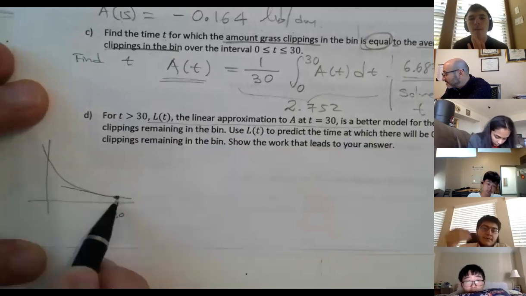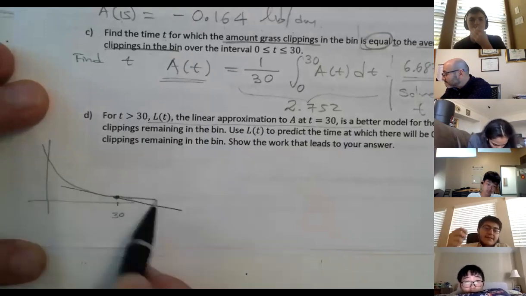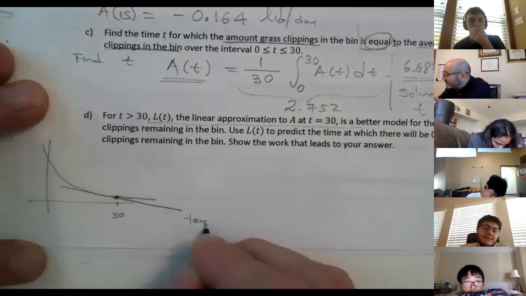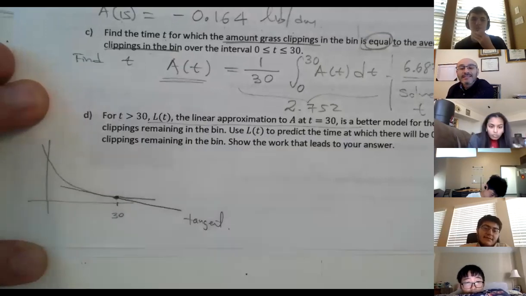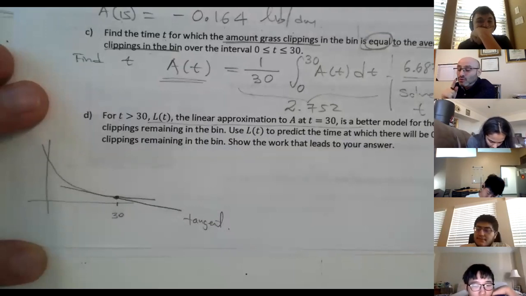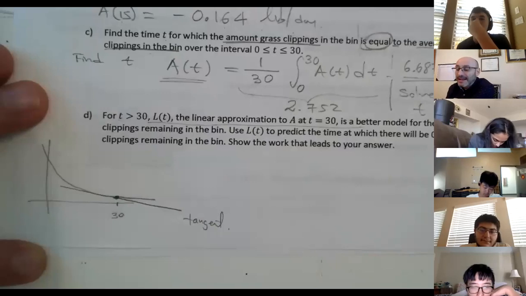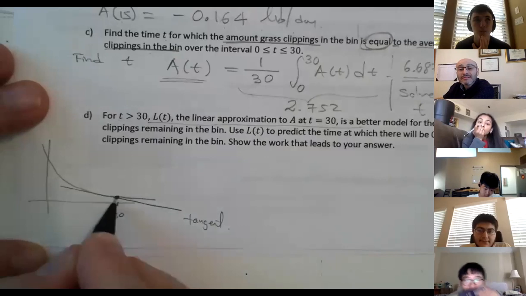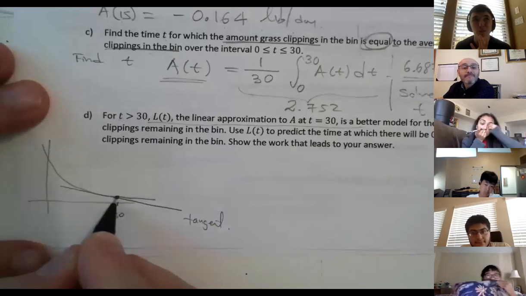Yeah, a tangent line. Okay, a tangent line. So basically, they're asking you to find an equation for that tangent line at 30, okay?